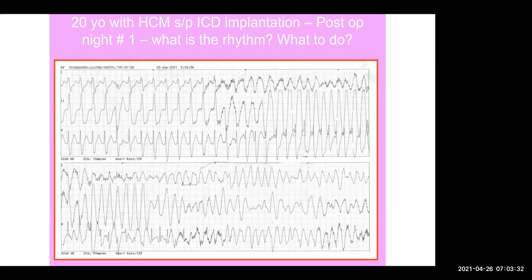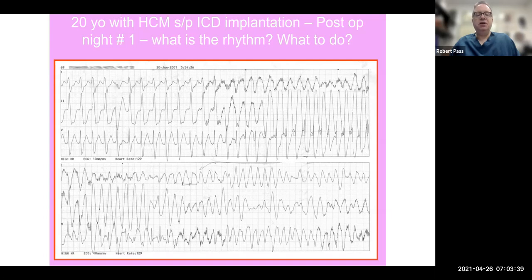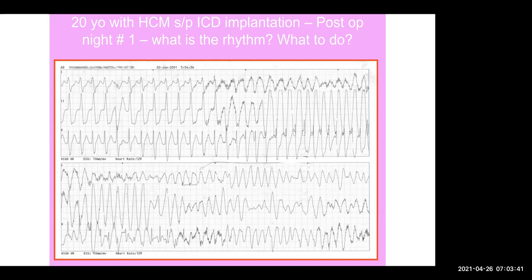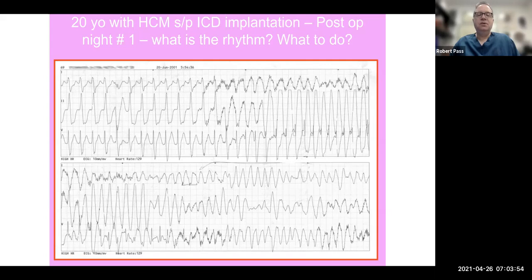And was the patient hemodynamically stable with this? Would you expect the patient would be hemodynamically stable with this? No, so it's like ventricular refibrillation right here, broad complex tachycardia. Mm-hmm. Okay, so what would you do for this rhythm?